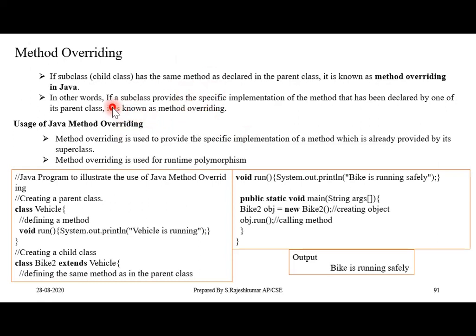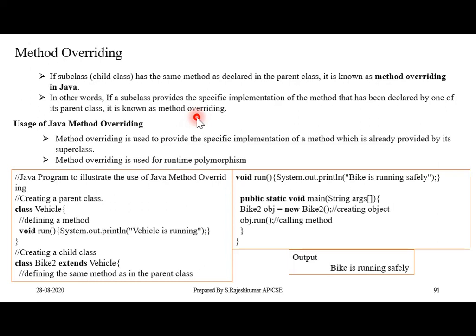Once again I will repeat: there is a member function in your subclass, but that member function has already been declared by one of its parent classes, any parent class. That is known as method overriding.